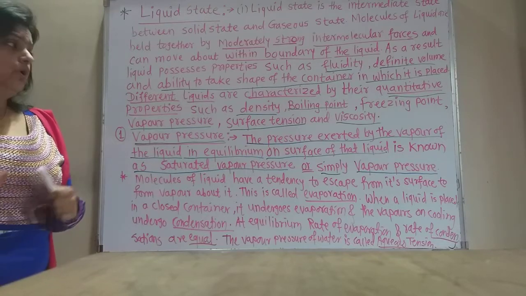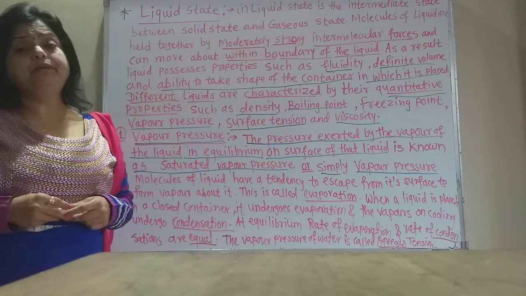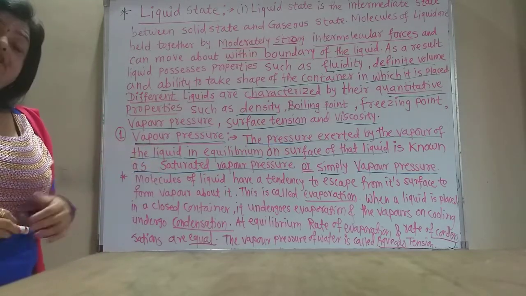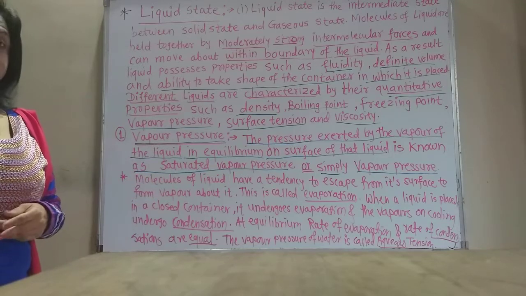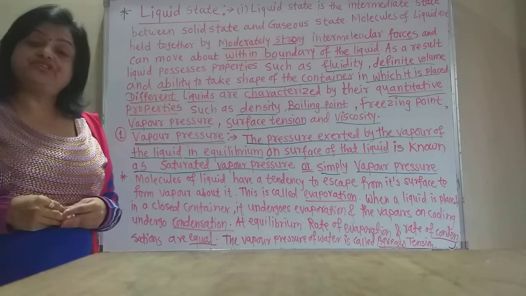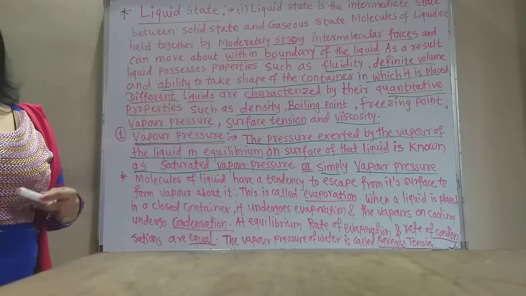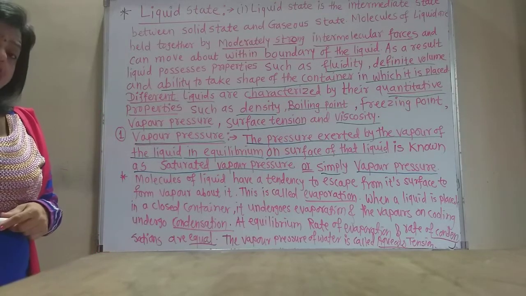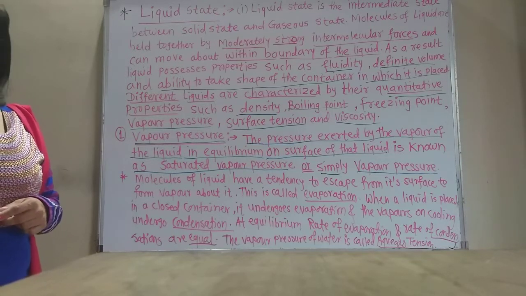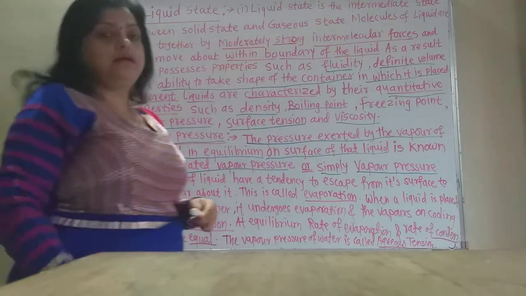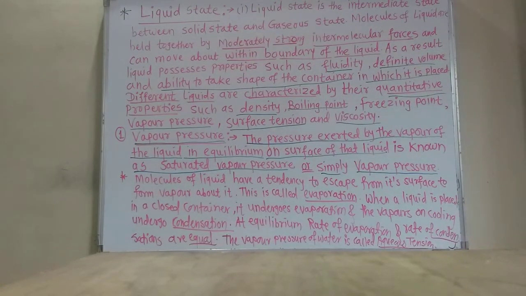If there is a figure, you give a well labeled figure, again the definition of these properties such as vapor pressure, aqueous tension, surface tension, and the factors which affect these properties, which you also have to give in the short notes. Let us learn the factors affecting the vapor pressure.